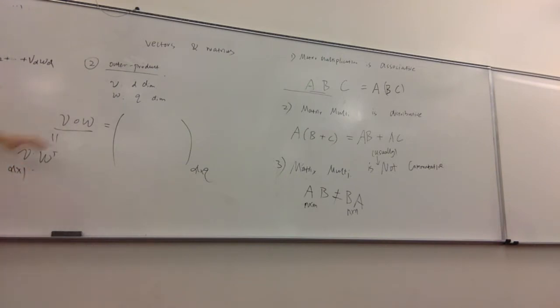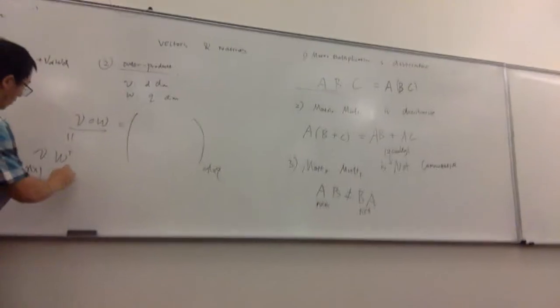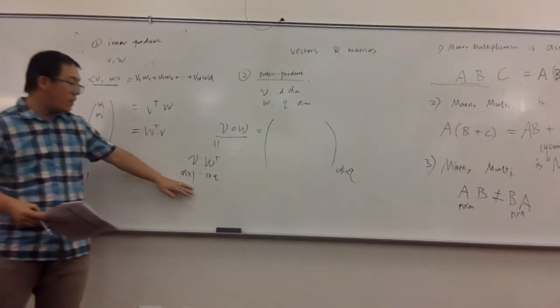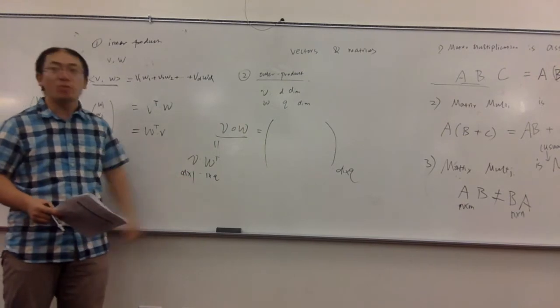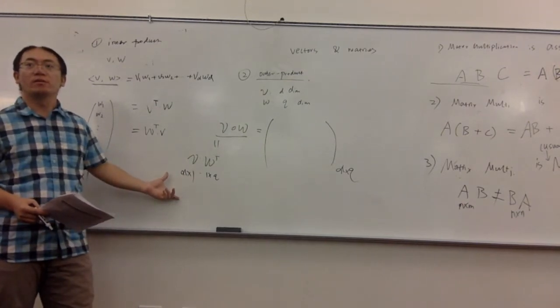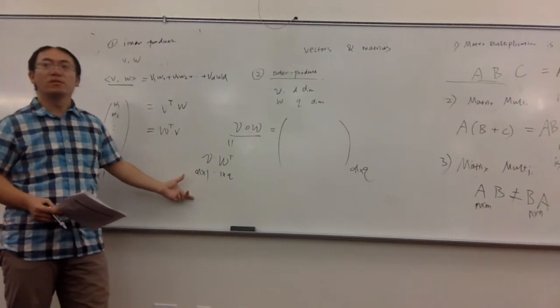And W is a Q by 1 matrix. So when you do the transpose, it becomes a 1 by Q matrix. So now, when we multiply a D by 1 matrix with a 1 by Q matrix, the size of the result matrix will be D by Q, right?